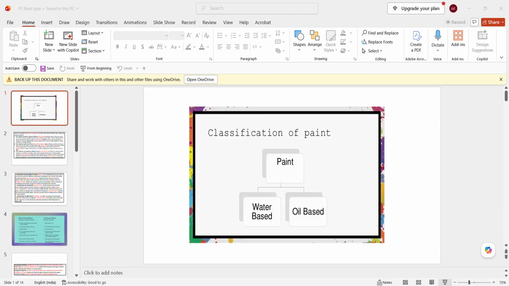There are so many paints we have discussed: epoxy paints, bituminous paints, aluminium paints, where they are used, and in which place they are to be used. If you go through the slides, the concept of the paint types will be very clear.